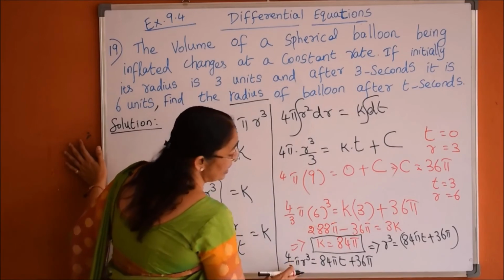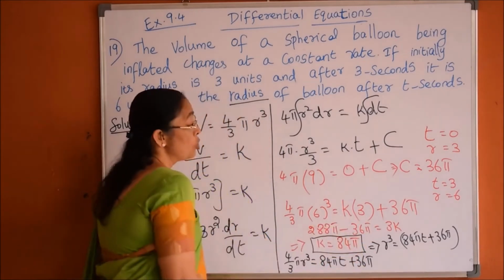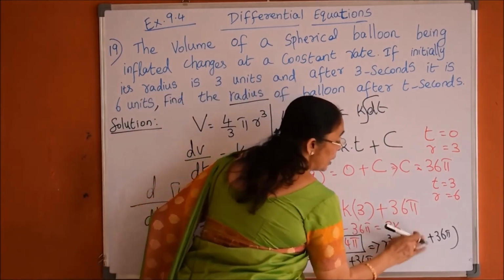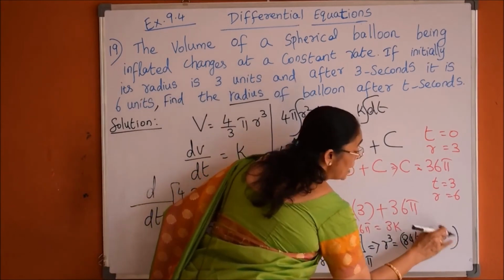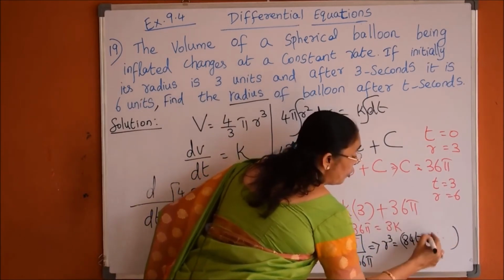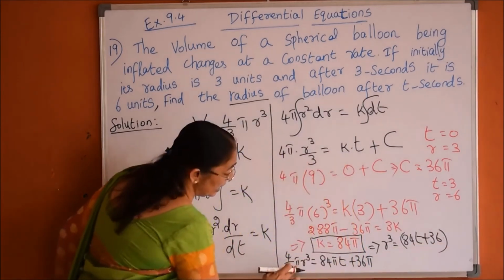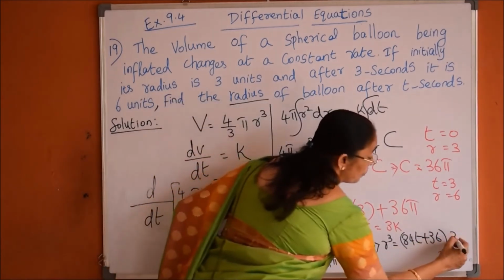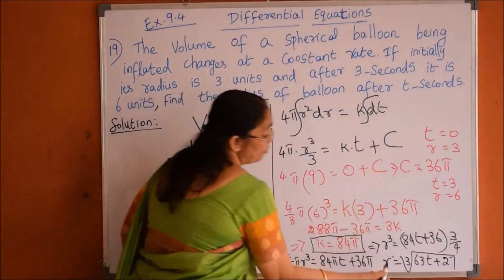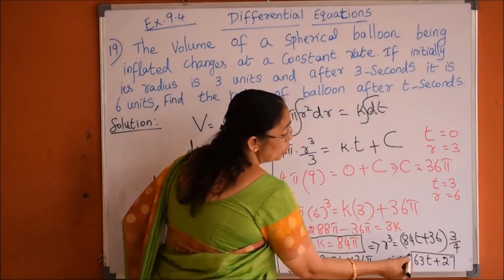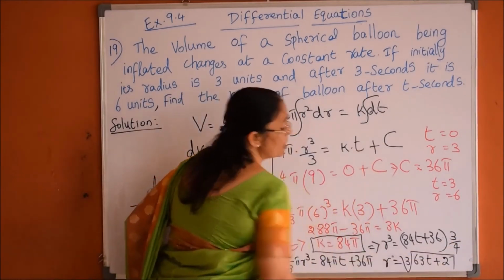Here we can cancel pi overall. So it is only 84t plus 36, into 3 by 4. Therefore r equals the cube root of 63t plus 27.